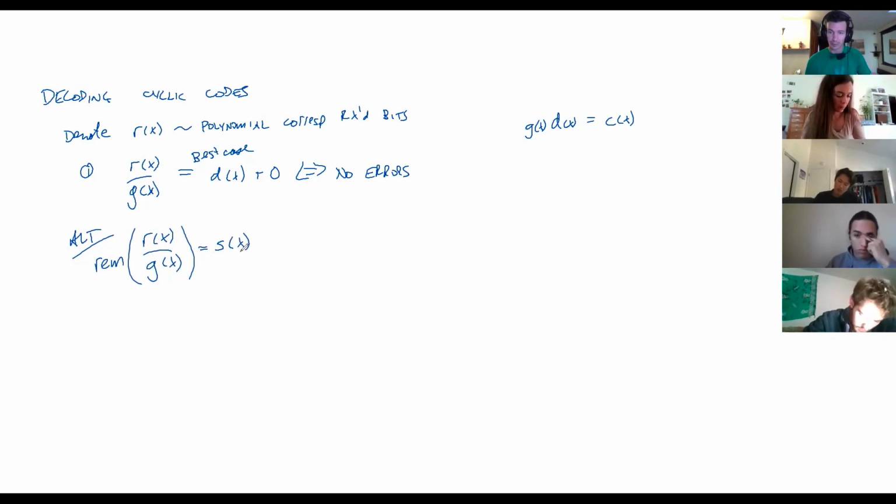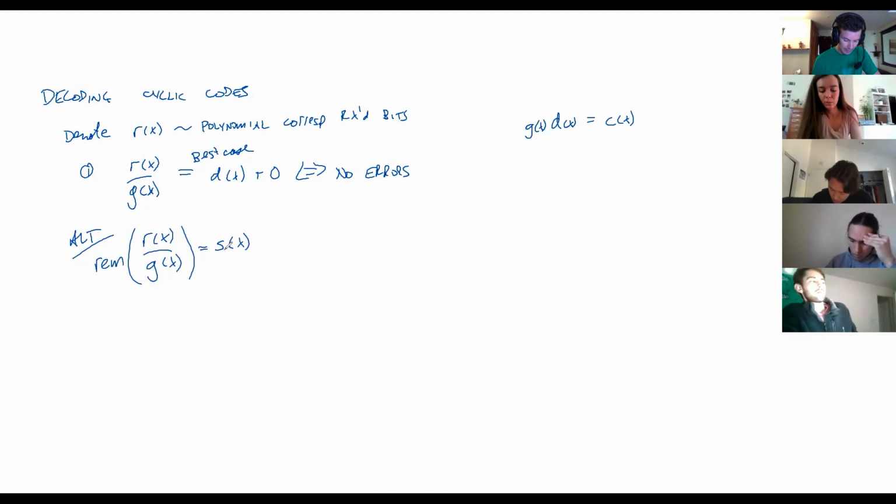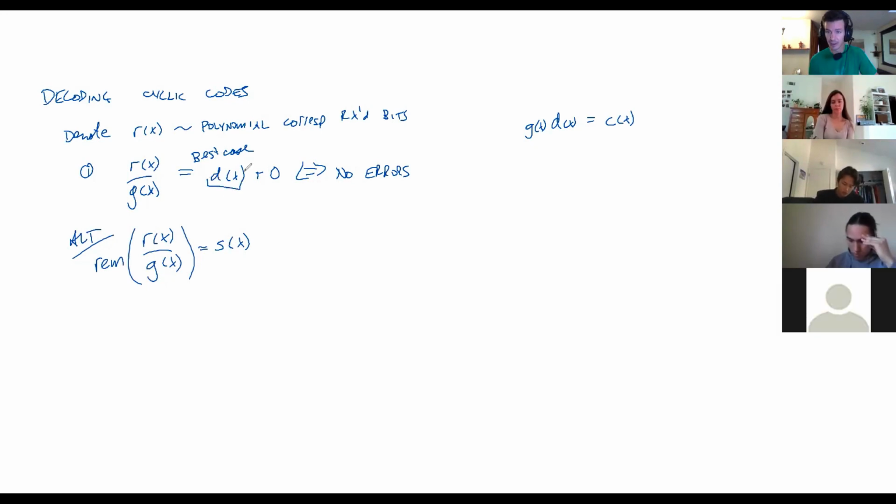This word syndrome is going to pop up again. Okay, so if I take the received code word and I divide it by my generator and I get something with no remainder, then I'm good. I can conclude that the quotient of that division is the data word that I want. If I do get some non-zero remainder, then we'll call that the syndrome polynomial.